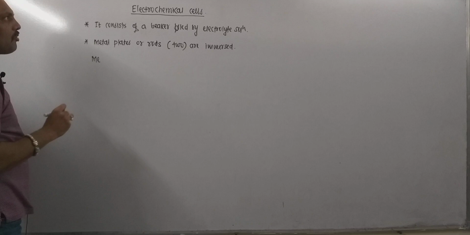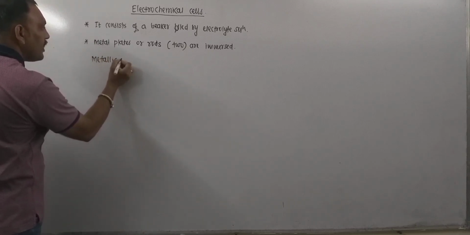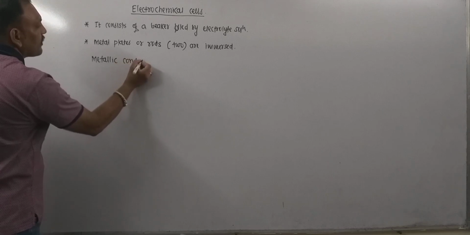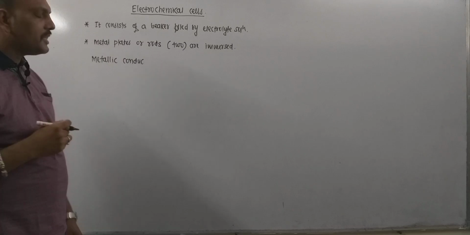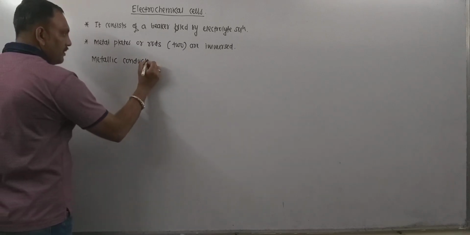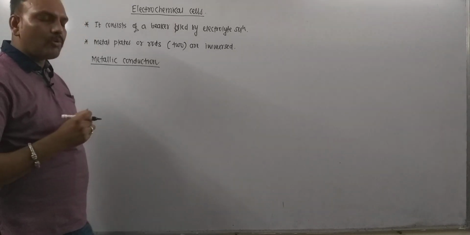In electrochemical cells, 2 types of conductions can be seen. One, metallic conduction, and that metallic conduction is done by the metal plates we use, what we call electrodes.